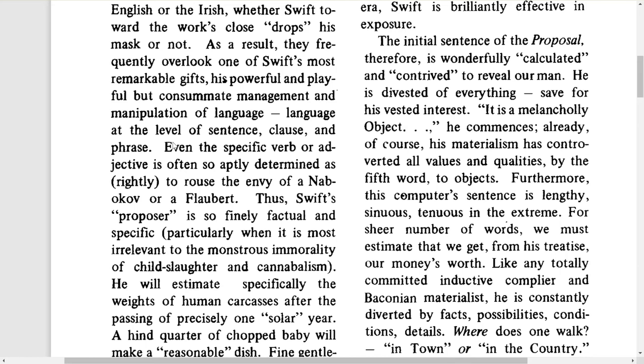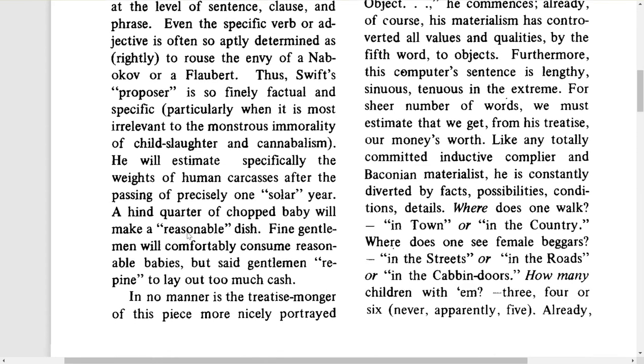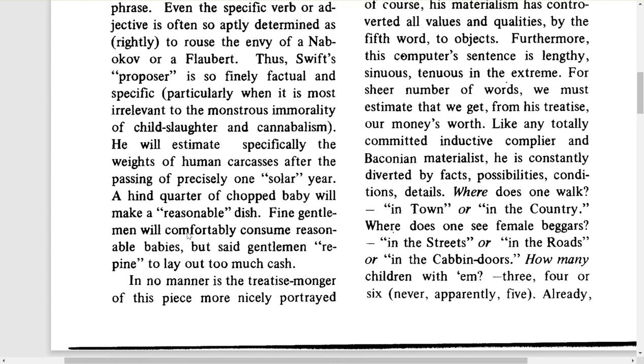This is a way of keeping the reader engaged with your observation. And then he also shows what the speaker does with the language here. He will estimate specifically the weight of a human carcass after the passing of precisely one solar year.